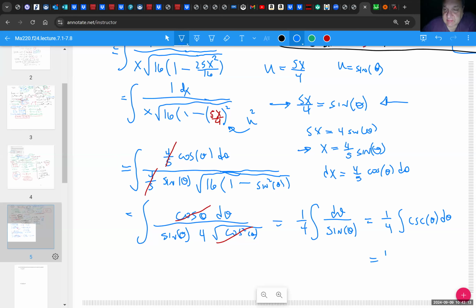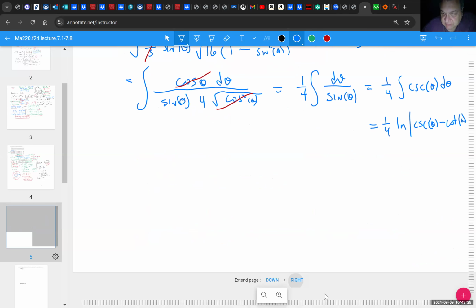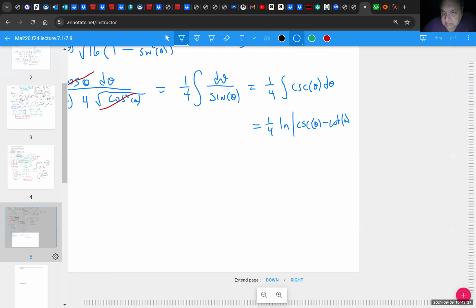So this is natural log of cosecant minus cotangent, and I'm running out of space. And then, of course, we get our plus c.